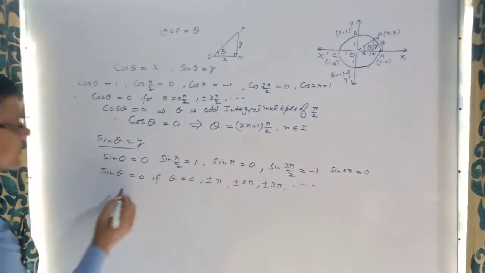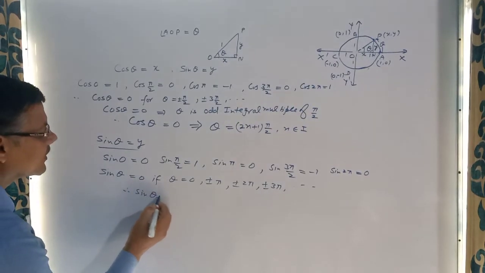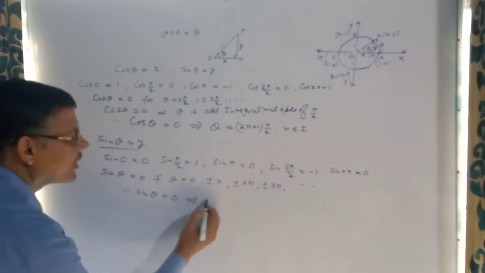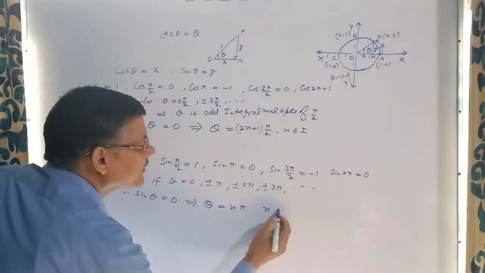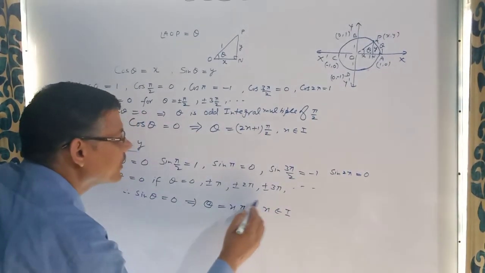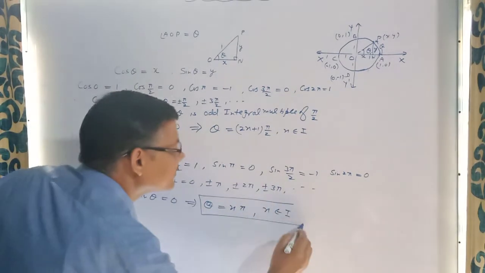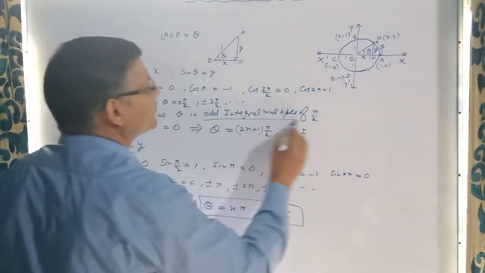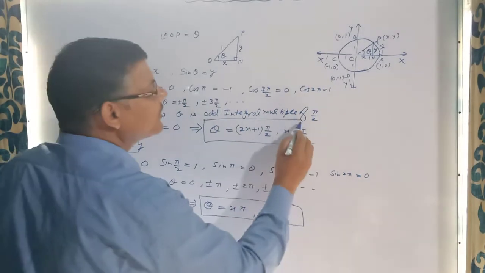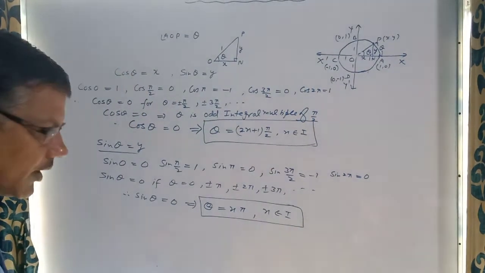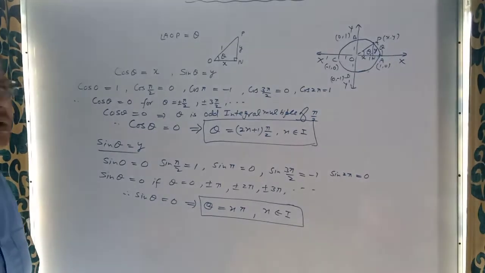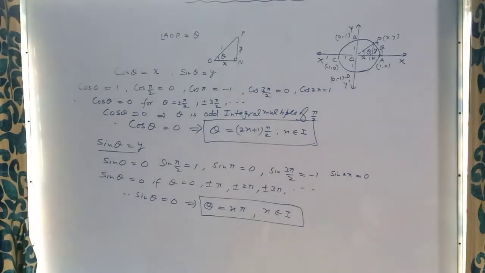So we can write, therefore, sine theta is equal to 0 implies theta is equal to n pi, n is any integer. From here we get two things: the value of sine is 0 for any integral multiple of pi, and the value of cos theta is 0 for any odd multiple of pi by 2.